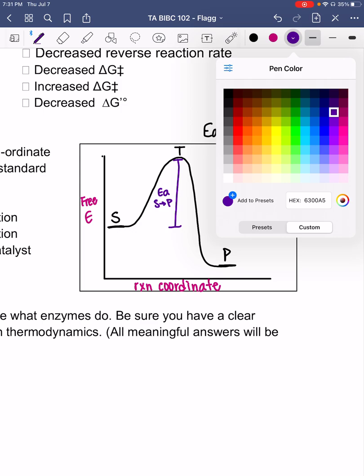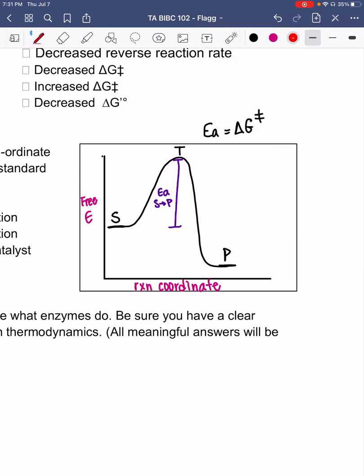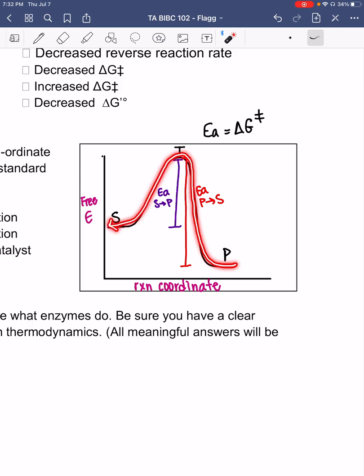Let me change my colors here to red, and let's show the activation energy needed to go from the product to the substrate. That's how big it is. So that's the activation energy of product to substrate. Once again, it takes a bigger energy hill to go this way than to go this way.